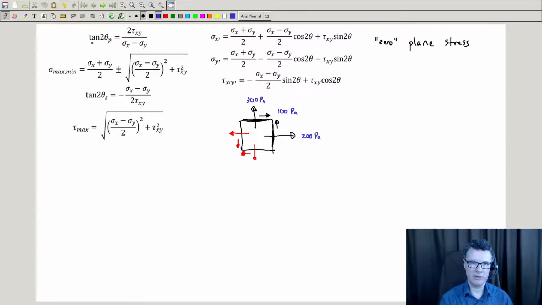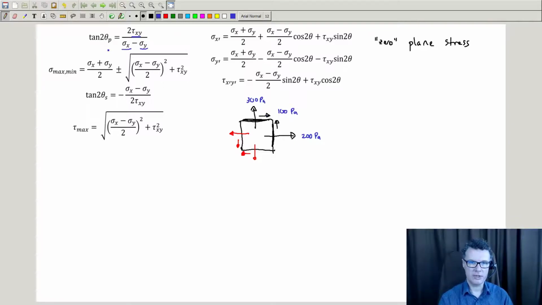So that's how these things work. So you've got 100 shear stress, you've got 200 tensile stress going in the X direction, and you've got 300 tensile stress going off in the Y direction. Flip these around, they become negative and they become compressive stresses.